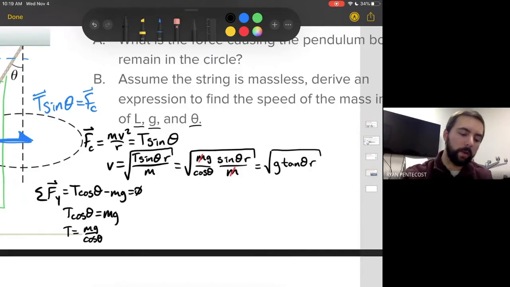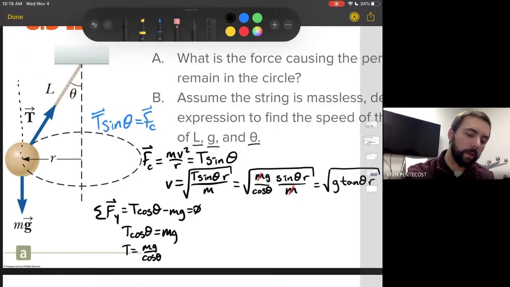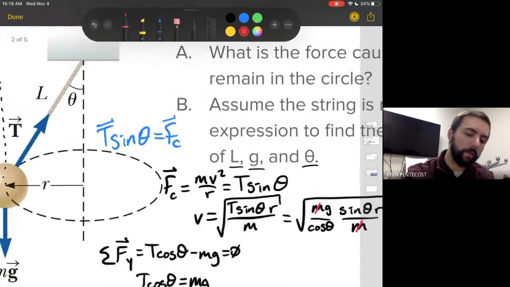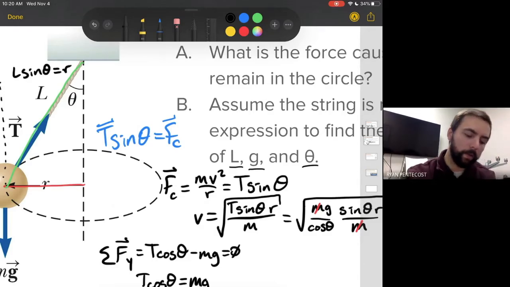We need to get that in terms of L. So if we look over here and we get rid of some of these drawings, we can actually look at r in terms of L. So here we have r. Here we have L. So what is r in terms of L? Well, if we take L sine theta, we would get that length r.